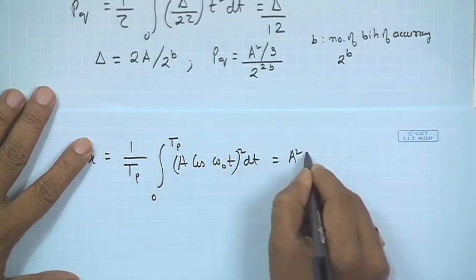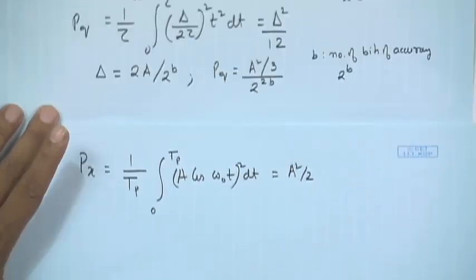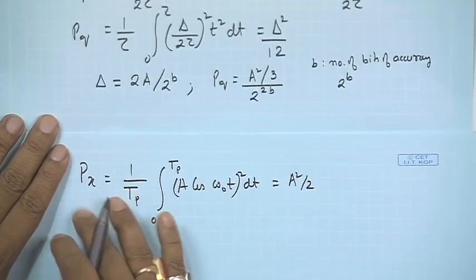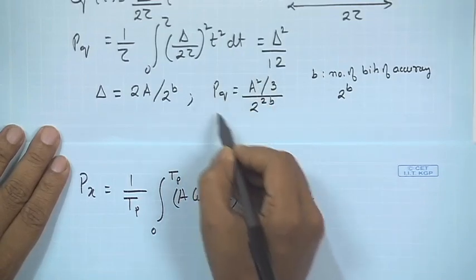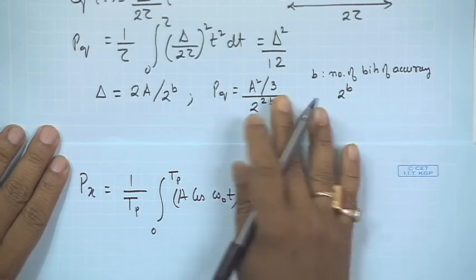This turns out to be a squared upon 2. So, this is the power of the signal, and what we have got before is the power of the error, or the noise, developed because of quantization.